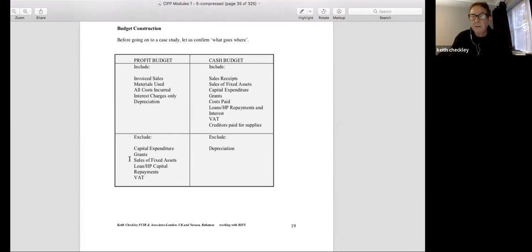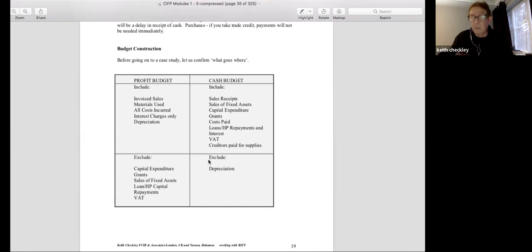Grants, any sale of fixed assets, because that's cash flow, any loans or hire purchase installment credit repayments, and any value added tax, or sales tax, whichever you call it in Nassau. In the cash budget or cash flow forecast, you will need to include not the sales, but the sales receipts.